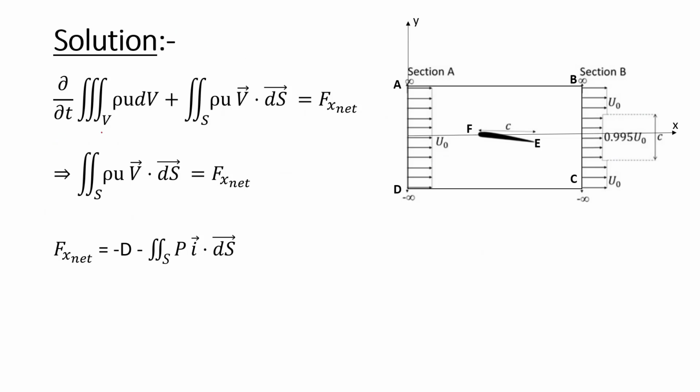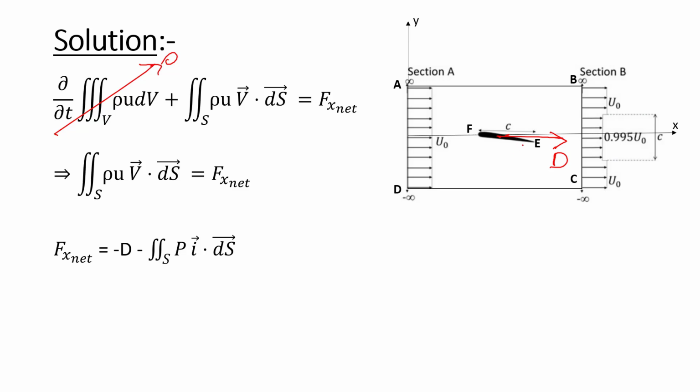Now we will take the x momentum equation. This is the x momentum equation. As we have taken the flow as steady, the first term will become 0. So our equation will become the double integral of rho u V dot dS equal to Fx net. Here let's assume that on the aerofoil a drag force D is acting.